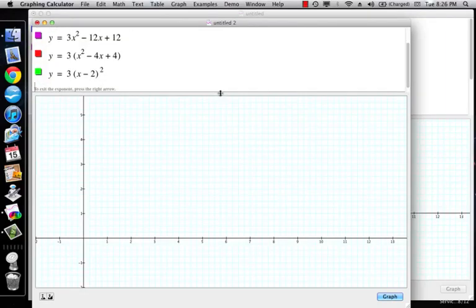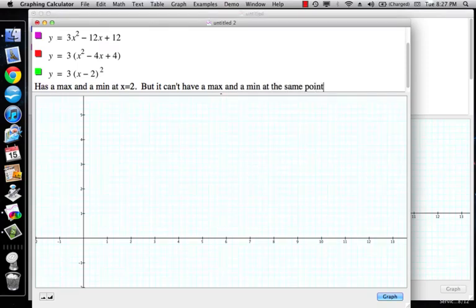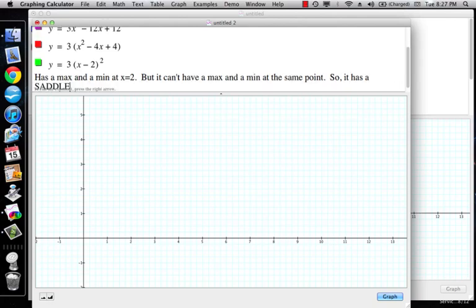And so this has a max and a min at x equals 2. Well, how can it have a max and a min at x equals 2? Okay, it's going to have a saddle point.